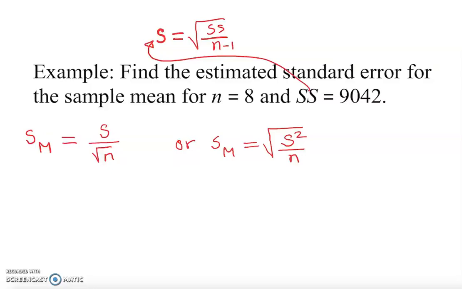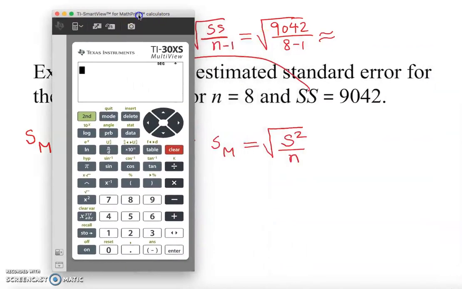So how do we find the standard deviation? All you do is plug it in: the big square root of 9042 over n, in this case 8, minus 1. You can take help from a calculator. Any kind of calculator is going to work. I have the TI-30XS MultiView, which is a digital version.